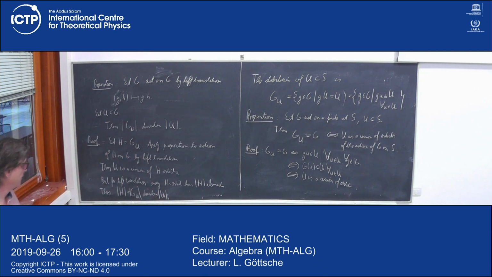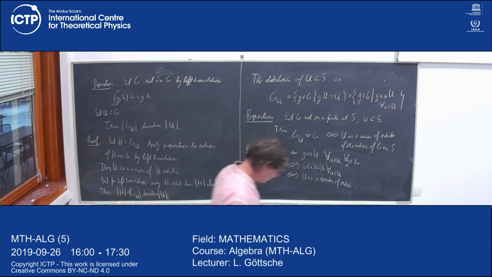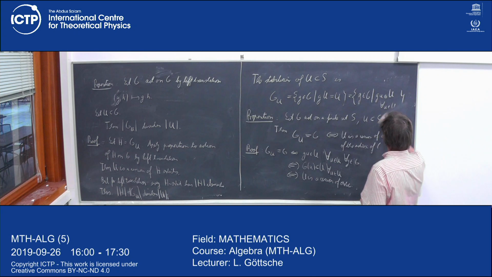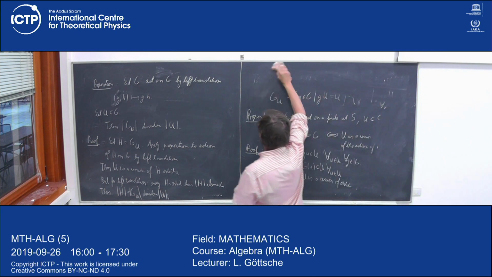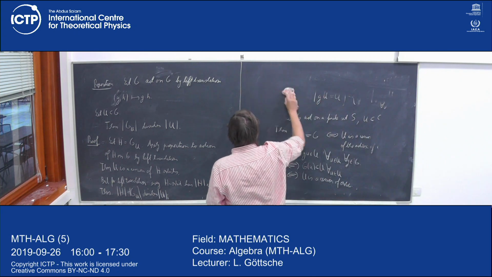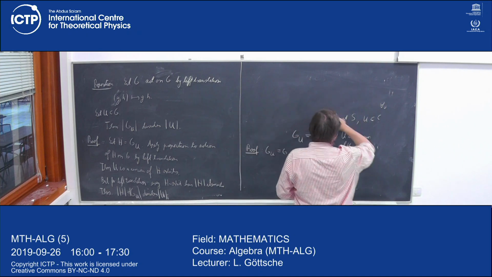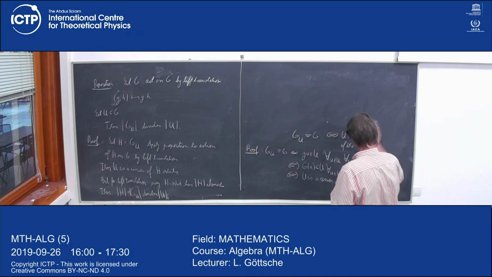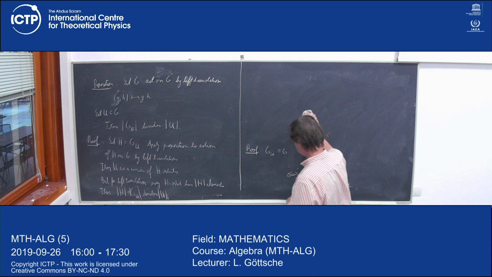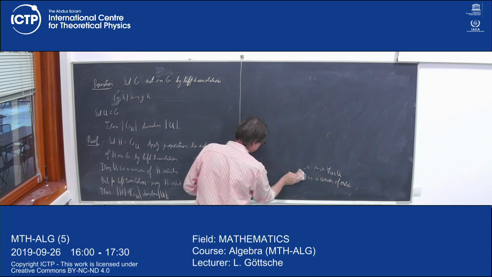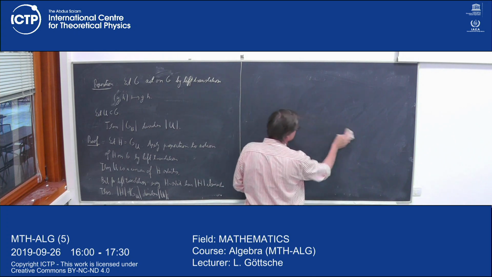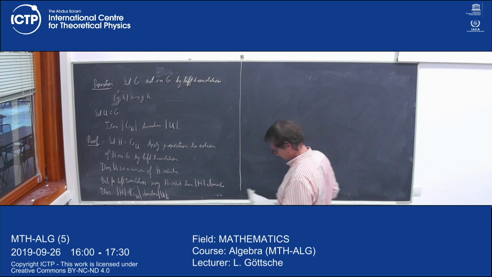Okay, so this was too simple. And now we want to make some simple remarks about the action of the group G on itself by conjugation and therefore on the set of its subgroups.